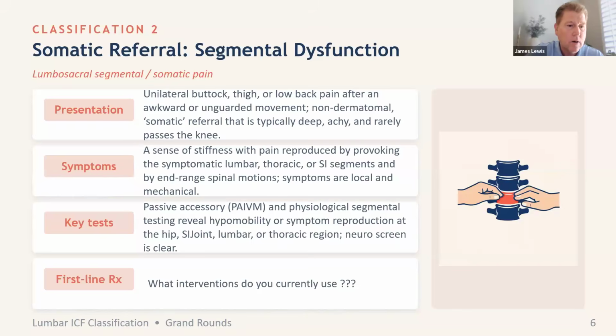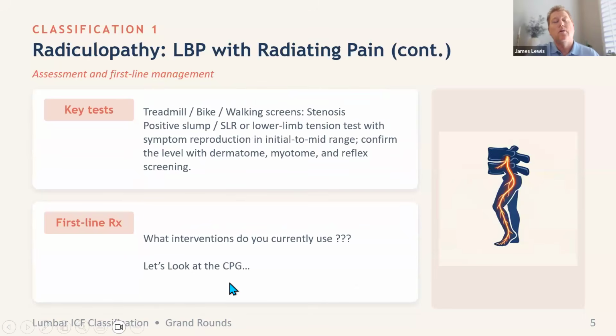And then if we said, well, we're trying to use things to treat the acute back pain with leg pain.